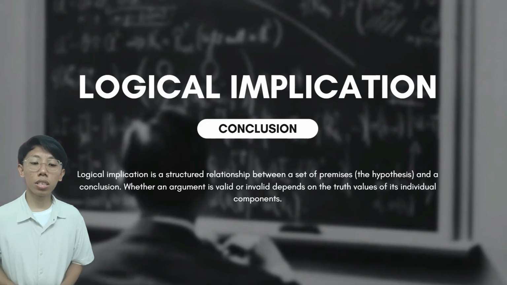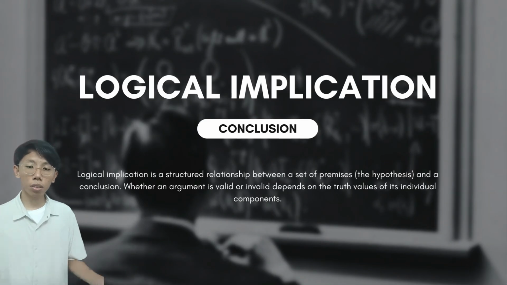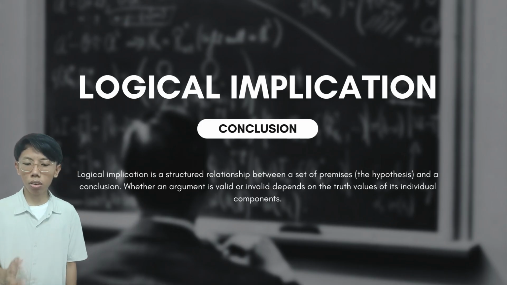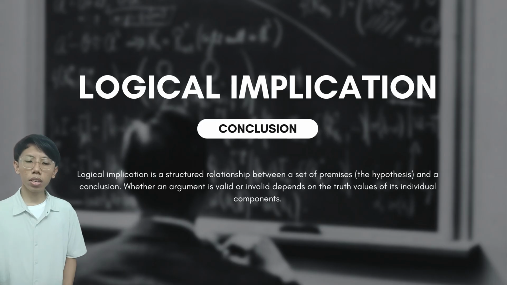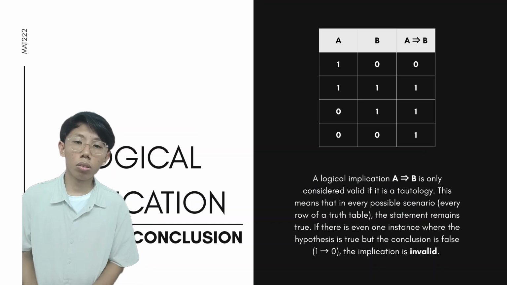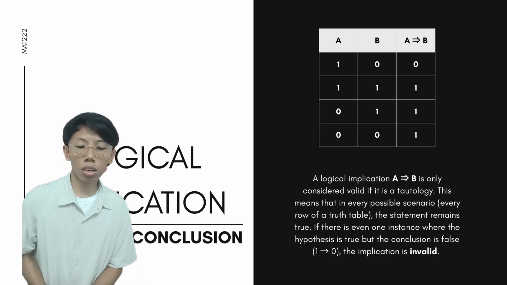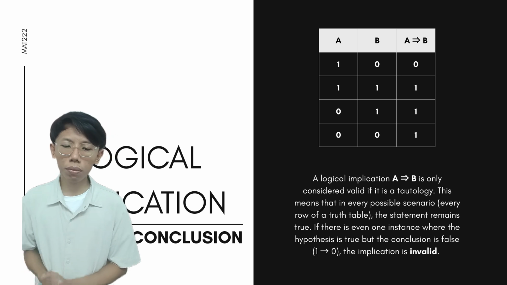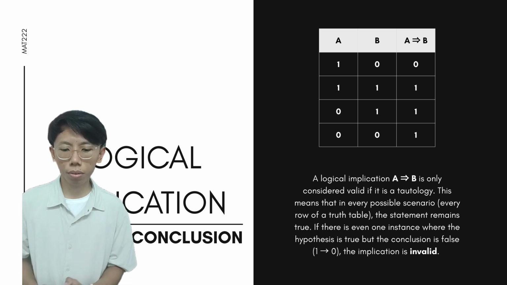Logical implication is a structured relationship between a set of premises, the hypothesis, and a conclusion. Whether an argument is valid or invalid depends on the truth value of its individual components. During our lessons on logical implication by truth table, we have learned that a logical implication A implies B is only considered valid if it is a tautology.